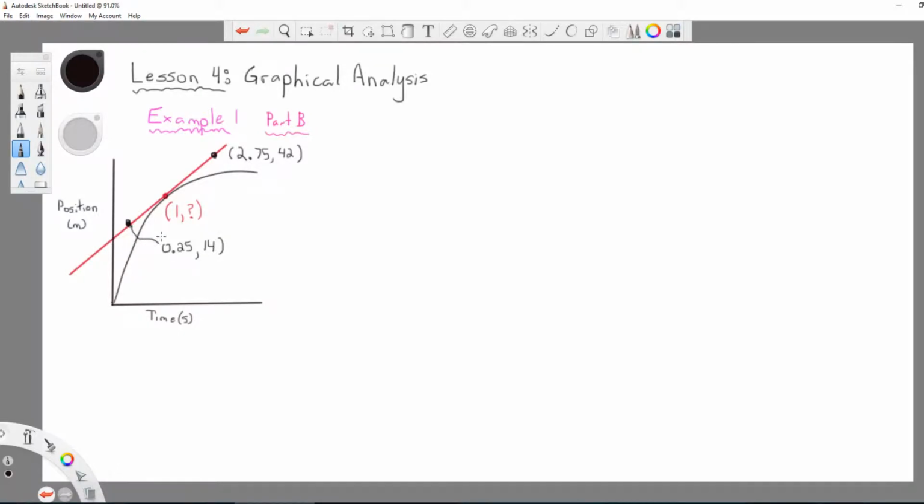Okay, these two values are going to be very useful to us because now, just like in part A, we have 2 points on a line. Using that, we can find the slope of the line and find our instantaneous velocity. So let's walk through that.